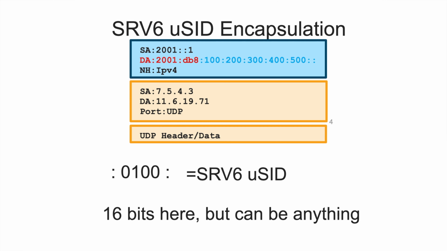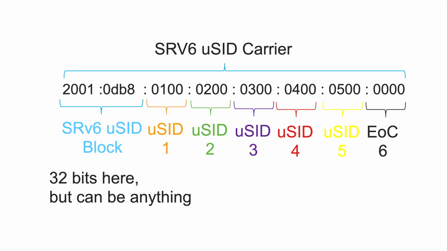Hence, we put those important bits into a micro-instruction called microSID. Here it is, for simplicity, 16 bits, but it can be any size. And then we put several micro-instructions into the carrier, which is 128 bits. At the beginning of the carrier, we always put the SRv6 microSID block, 32 bits here, but again, in general, it can be any size.